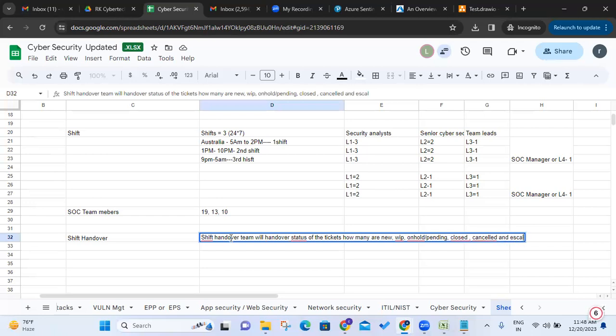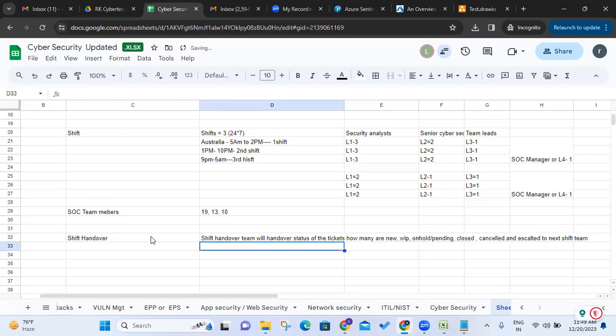Cancellation occurs for duplicate tickets. How many are new? How many are work in progress? How many are pending? How many are closed? How many cancelled and escalated to the next shift team? So that is called shift handover.